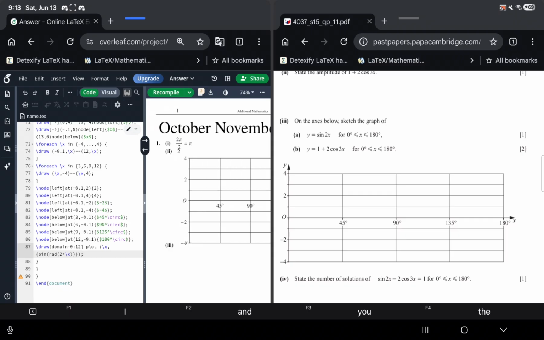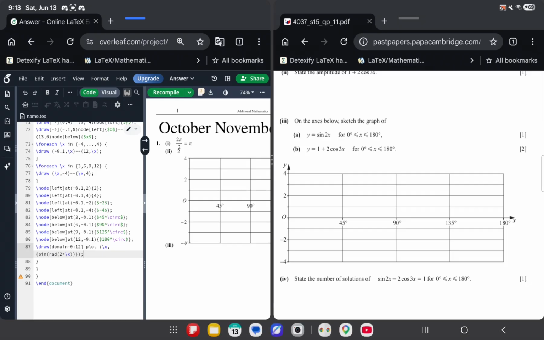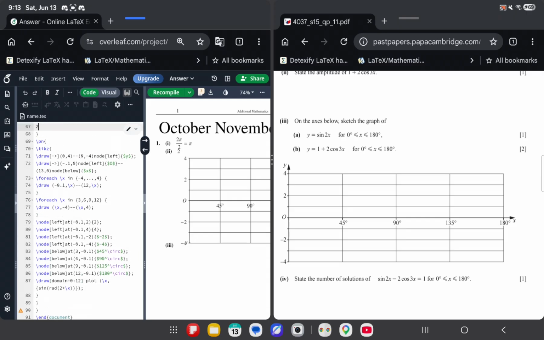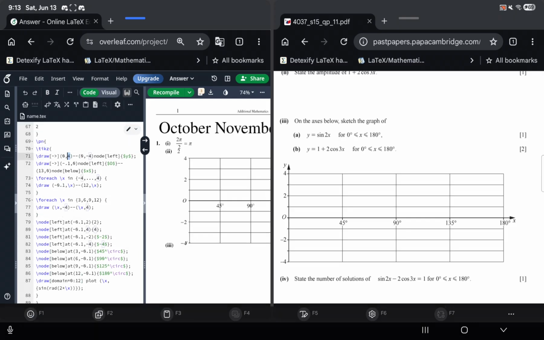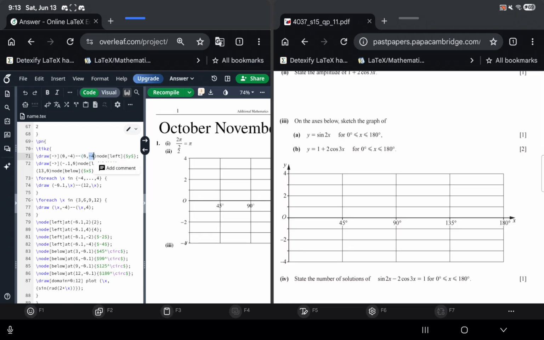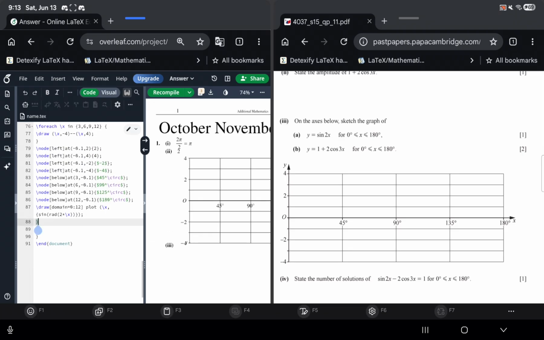What? Huh? Okay, this y value is triggering me. Why is this y value wrong? Okay, let's first fix that. Let's just fix it ourselves.